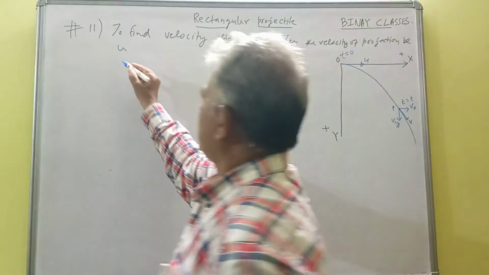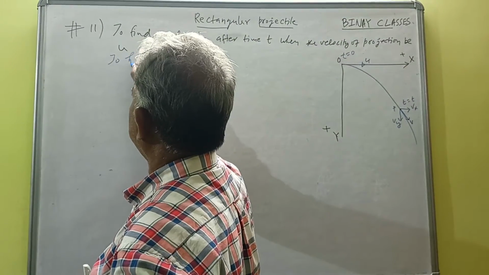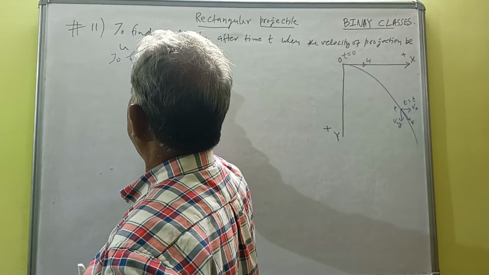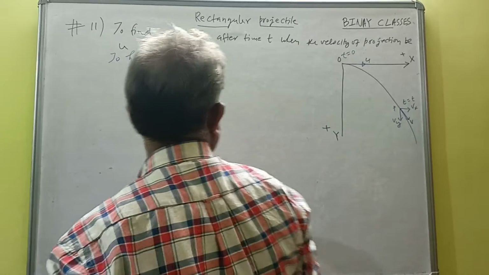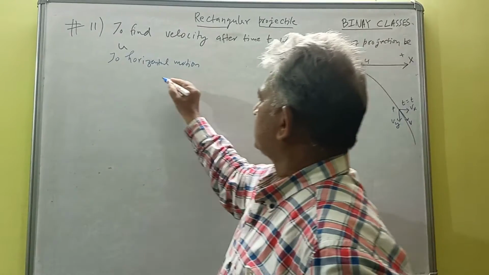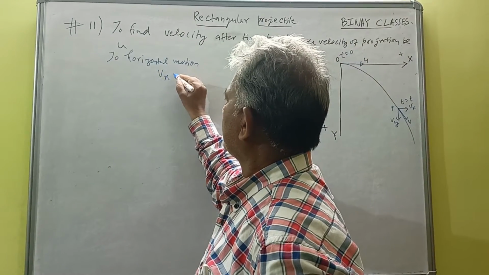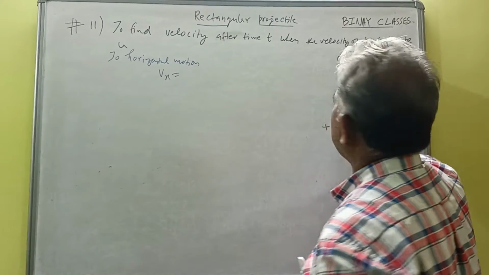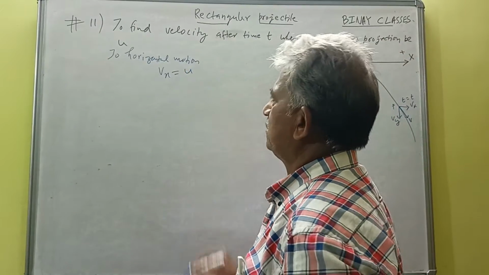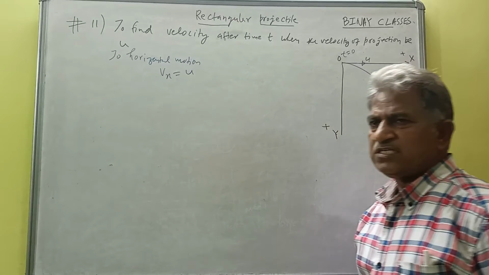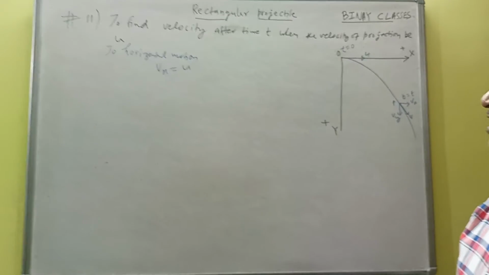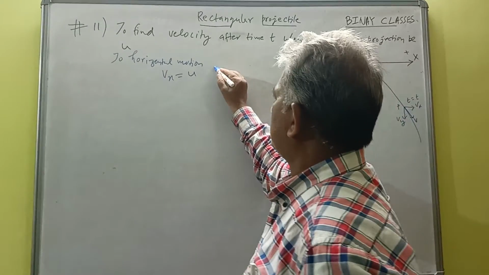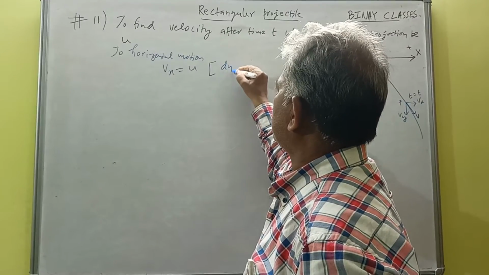For horizontal motion, this velocity vx will be equal to the initial velocity, meaning no change in the speed value along the x-axis due to dynamic equilibrium.